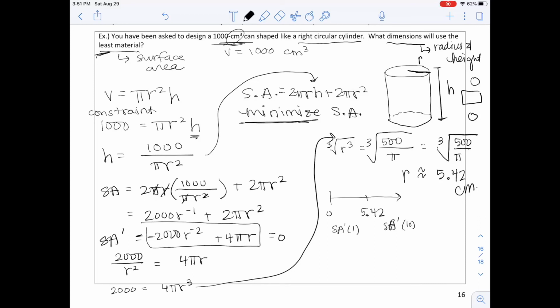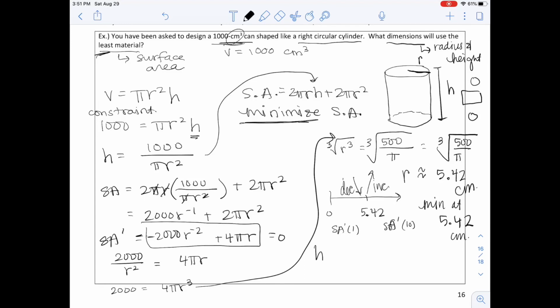And so when you substitute in 1, you get something negative, so this is decreasing. And then when you substitute in 10, you get that it is increasing. And so we have a local minimum at 5.42. So we have a minimum at 5.42. And again, our units are centimeters.